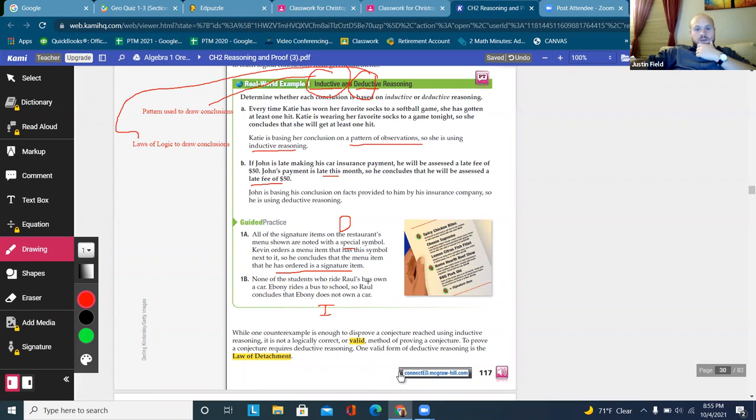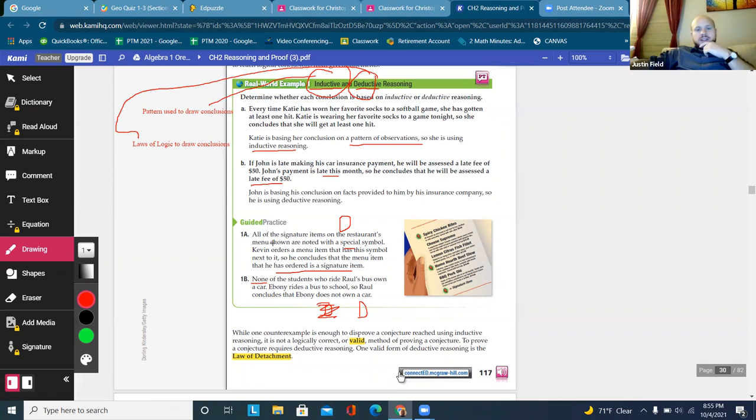None of the students who, oh man, that is deductive reasoning because it says none. So it's not like Raoul notices that 5 people on the bus don't own a car. And so Ebony is also on the bus, so he thinks that she won't own a car as well. It says none of them own a car. And since Ebony's on the bus, that's deductive reasoning. She must not own a car.